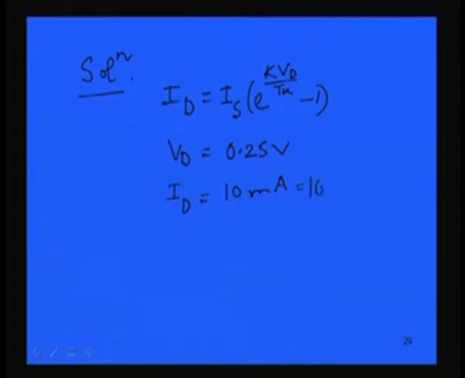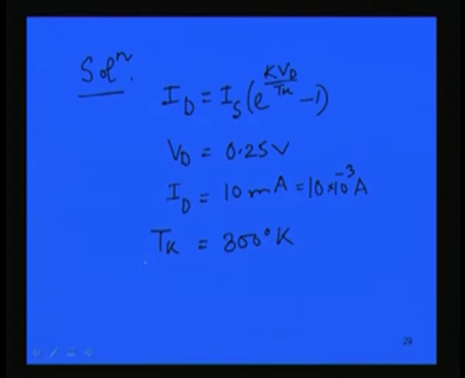Bring it to the ampere scale, 10 into 10 to the power minus 3 ampere, so that there is no mistake between the milliampere and volt scale, to have conformity. And temperature is given in Kelvin. So, Tk is equal to 300 degree Kelvin.